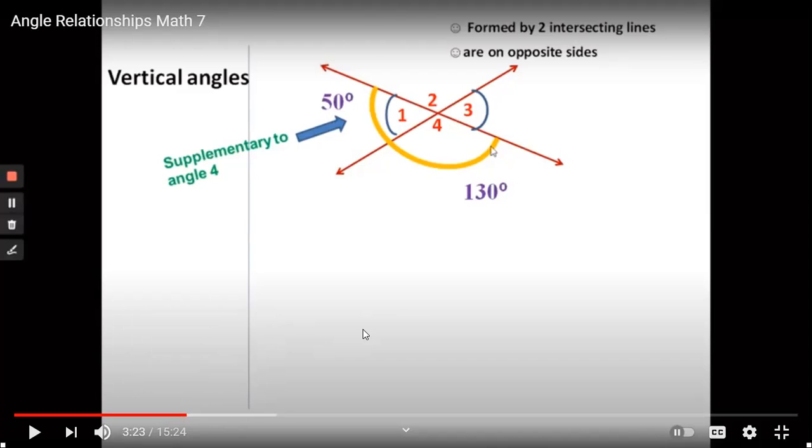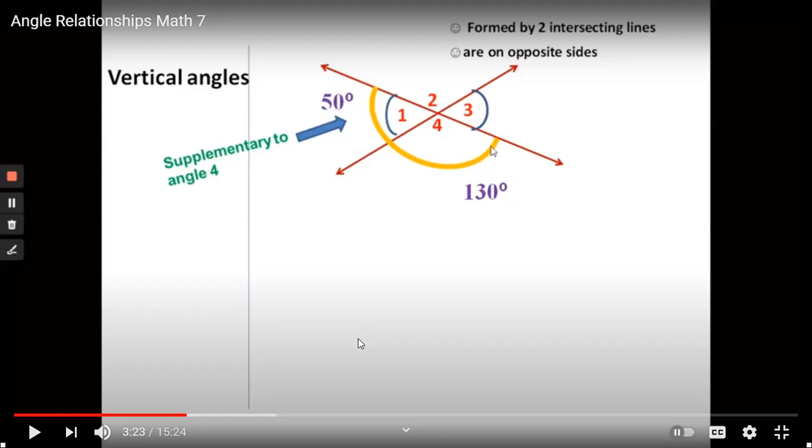Now we have the second part. When we have one angle and I'm looking for the rest of the angles. Now, angle 1 equals how many degrees? 50. Angle 1 equals 50 degrees. Now, if I want to find the measure of angle 2, it will be how many? 130.